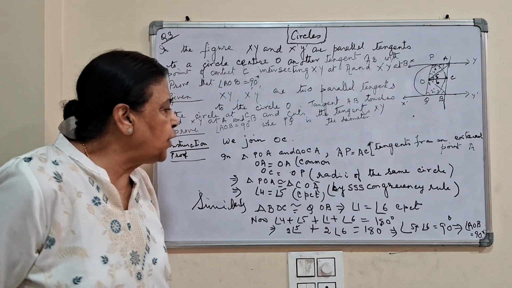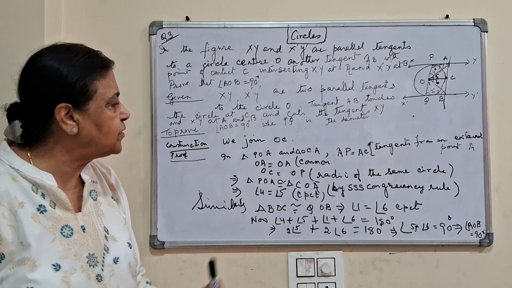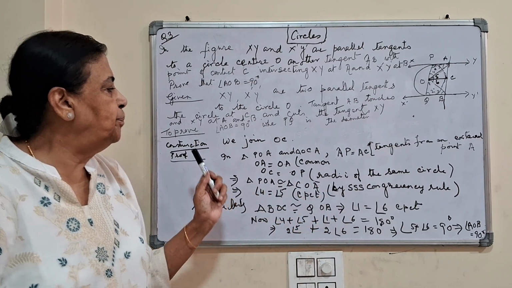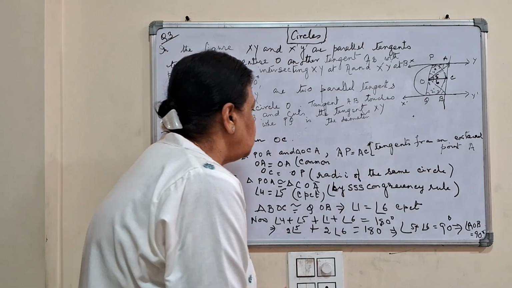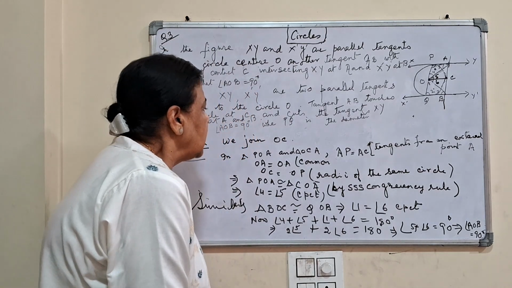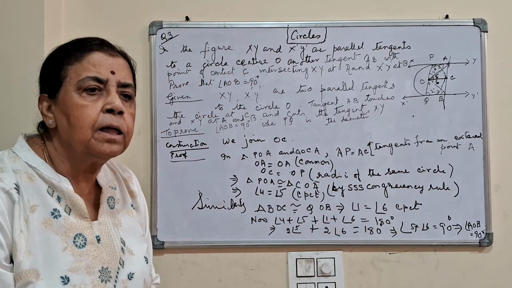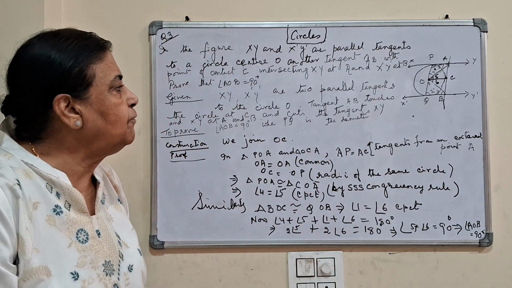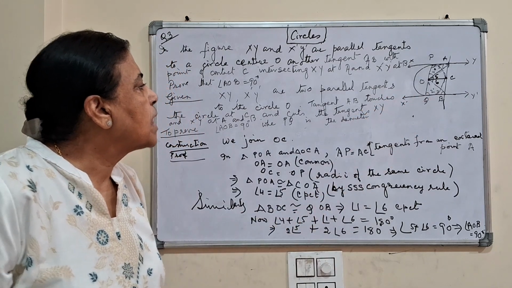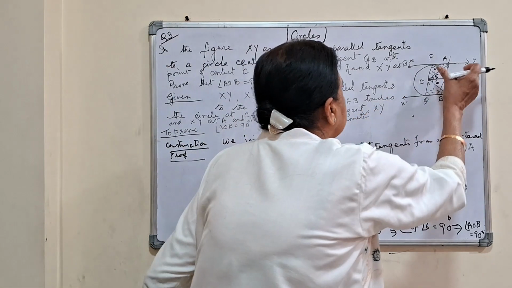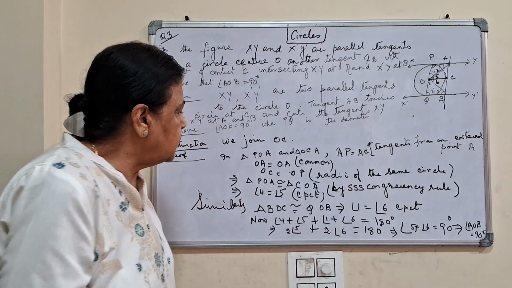Therefore, the two triangles are congruent by the SAS congruency rule. Then angle 4 is equal to angle 5 by CPCT.